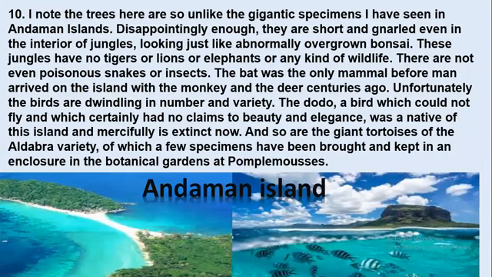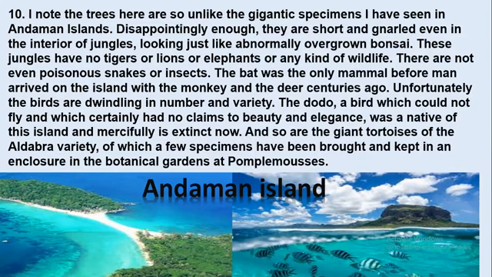Then I note the trees here are so unlike the gigantic specimens. He sees that the trees here are not as big as he has seen in the Andaman Islands. Then he says, disappointingly enough, they are short and gnarled even in the interior of jungles. He could also see that the grasses and plants in the jungles are small and short, which look as if they have not grown properly, abnormal.